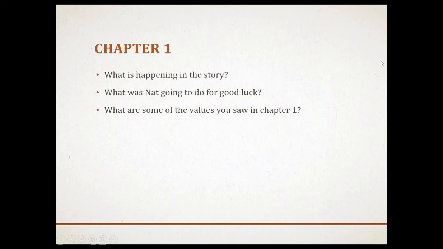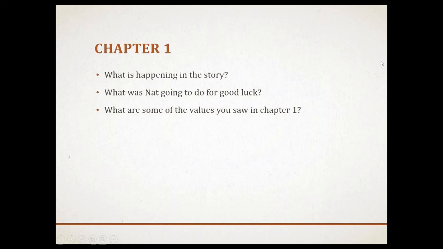Right. Remember this is a fictionalized version of Nathaniel Bowditch's life, but the story starts out that he and his family are moving back to Salem, and they've fallen on very hard times, and they've had a lot of struggles as a family.